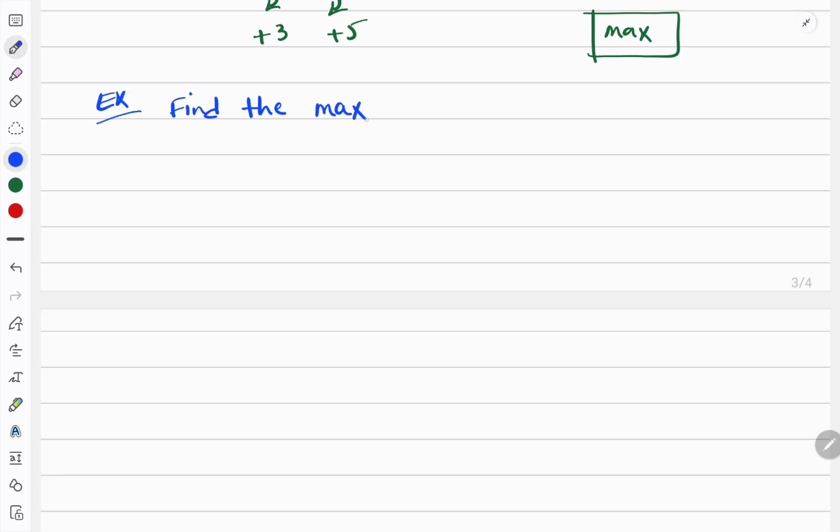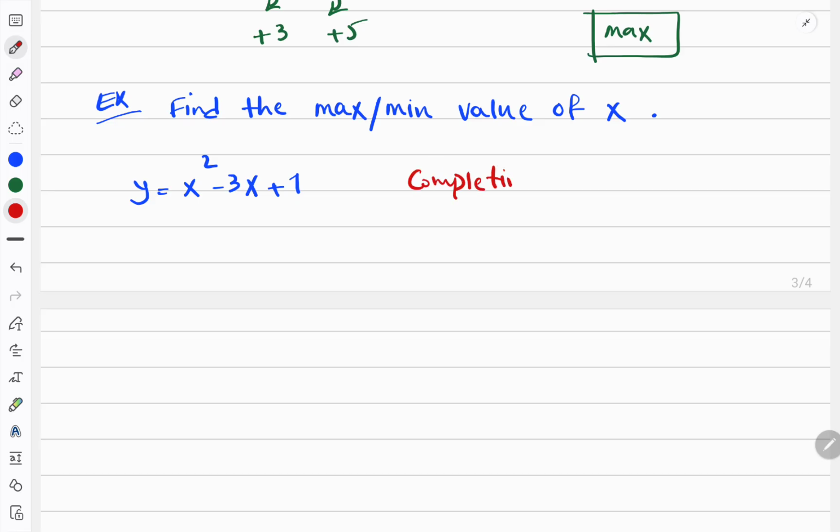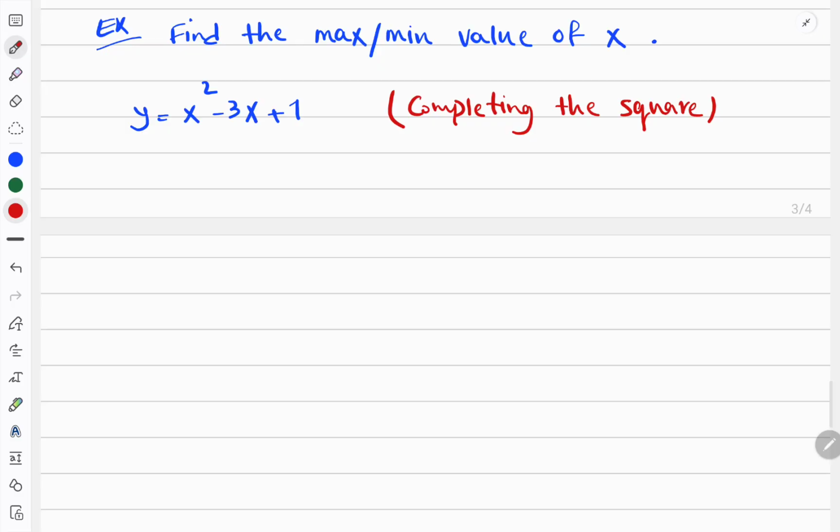Find the maximum or minimum value of y, where y is x squared minus 3x plus 1. And for this equation, I'm going to use completing the square to find the vertex of that. Okay. In this method, we should find b. b is the coefficient of x.